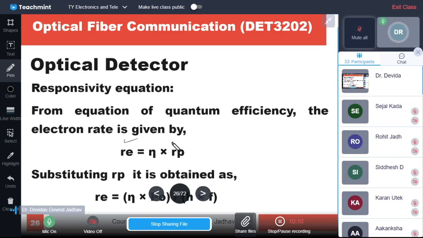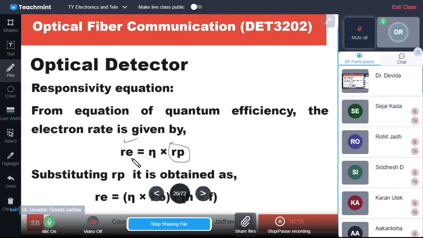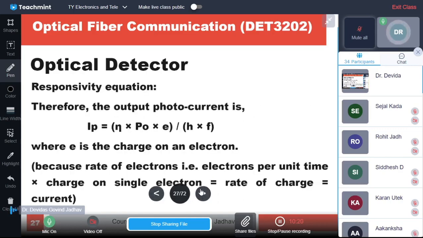So Rp from the equation Rp is equal to Po upon hf can be substituted. So Re is eta Po upon hf. Then Re multiplied by the electronic charge, the number of electrons per second multiplied by the charge on each electron, e, is nothing but the current.